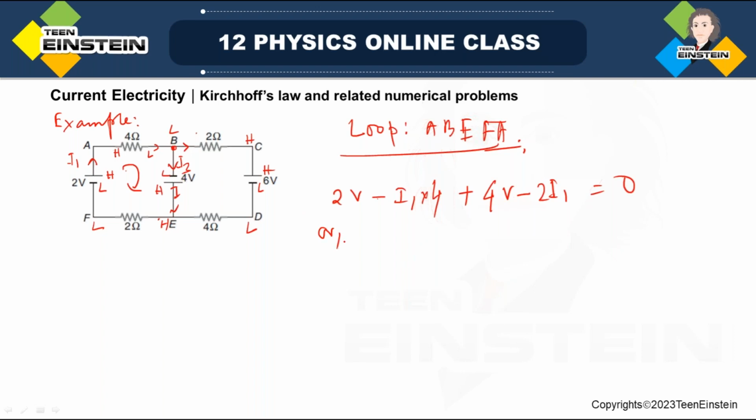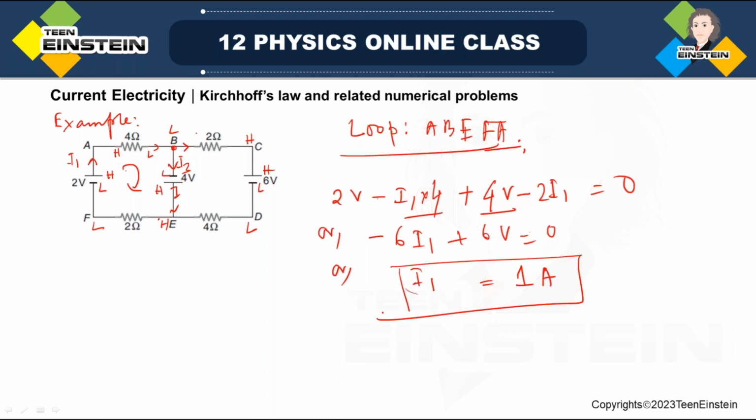Okay, so what is the equation we are ultimately getting? This is minus 6 I1, this is actually plus 6 voltage. So if we simplify a bit, then we'll get this current to be 1 ampere.